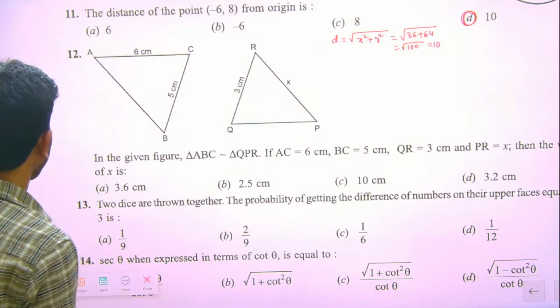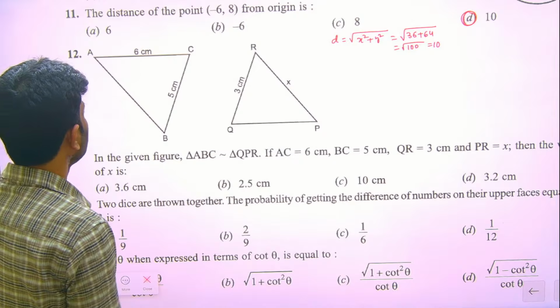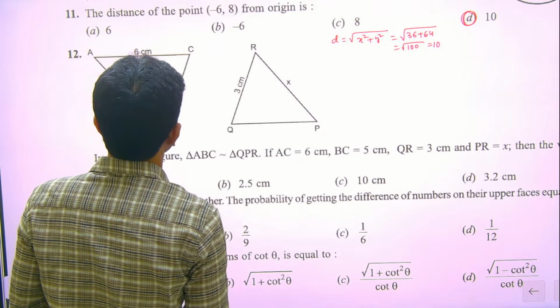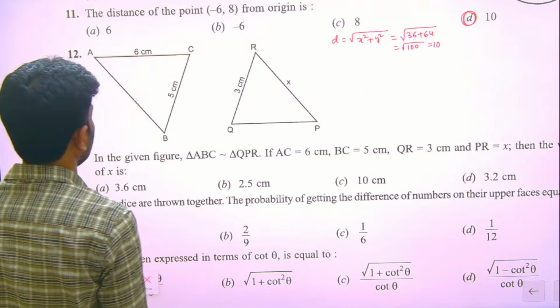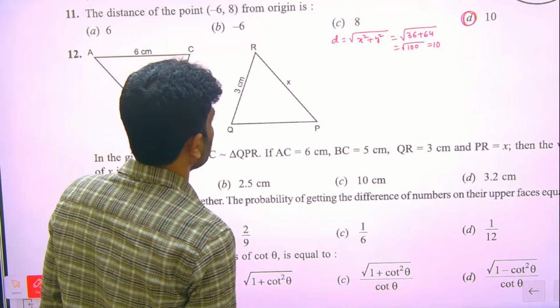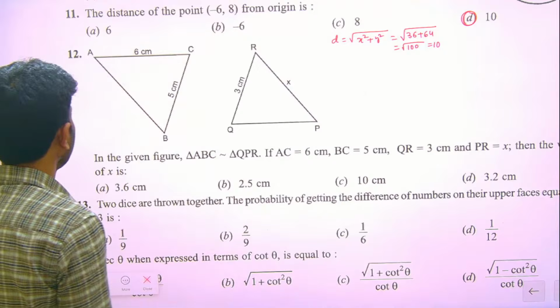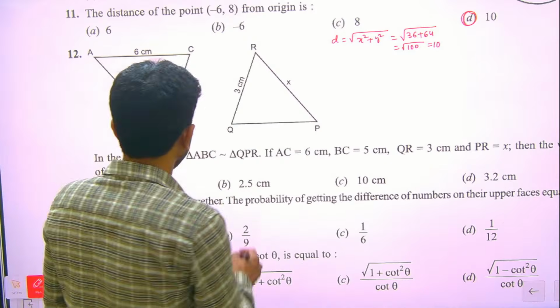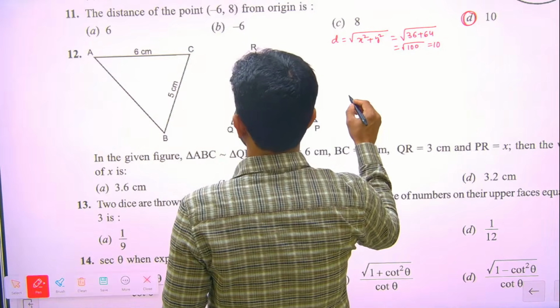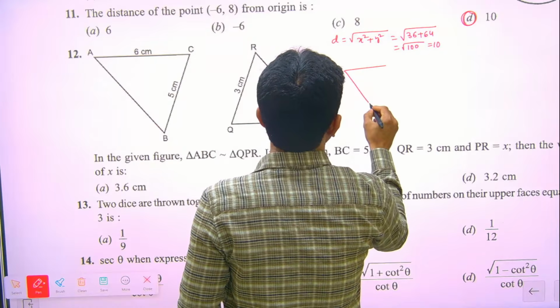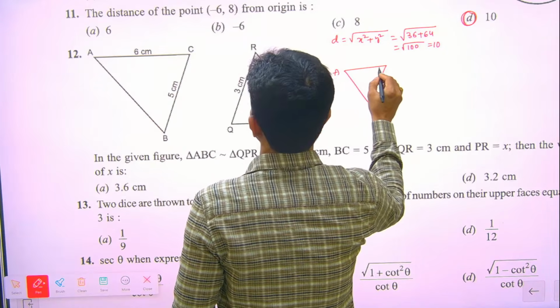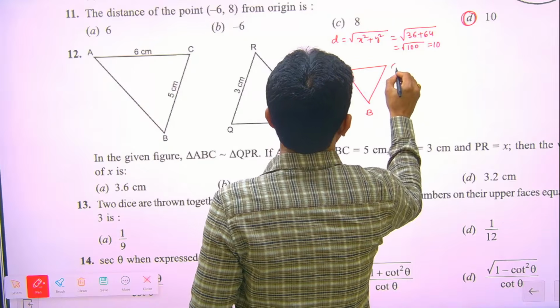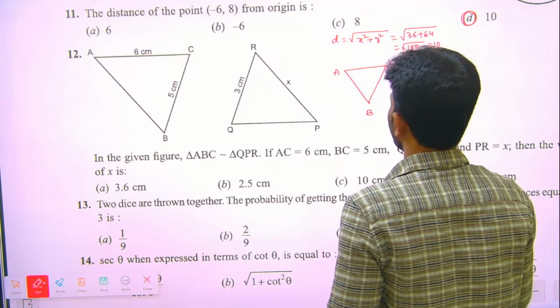In question number 12, the information is given below. ABC is similar to QPR. AC is given, BC is given, QR is given, PR is given. You have to find the value of X. Because ABC is similar to QPR, first draw ABC to know the corresponding sides A, B, C. Now QPR is the other triangle.